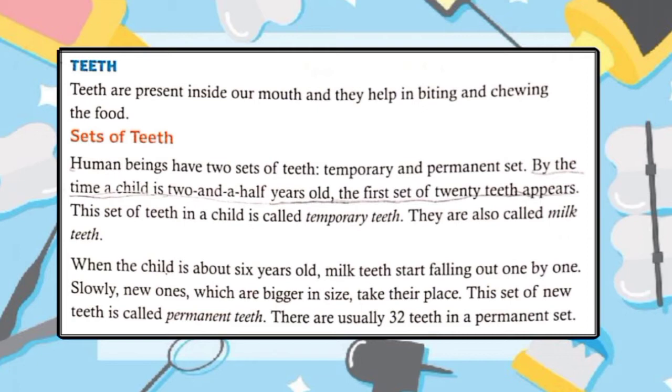Even milk teeth are very important for the normal growth and development of a child. They are as important as your permanent teeth. Though there is a difference between both the sets, milk teeth perform certain important functions.